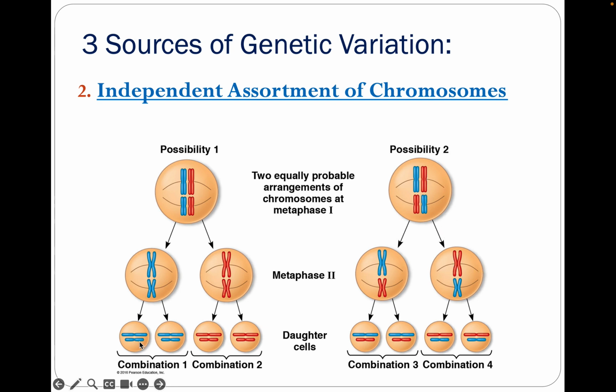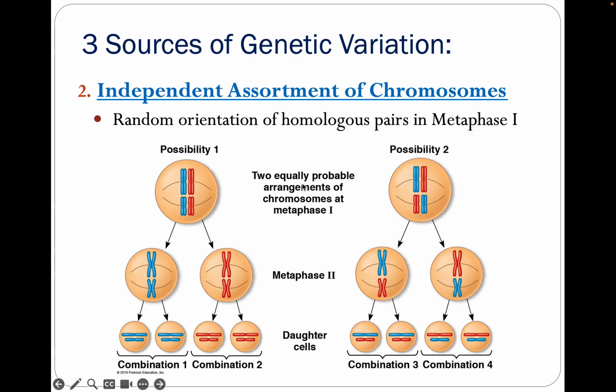So you could have gametes like this, or the same cell could produce gametes like this. All are equally likely, and this just increases the amount of genetic variation available. Random orientation of homologous pairs in metaphase 1 is responsible for this.